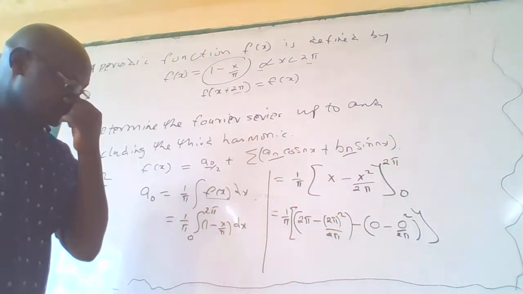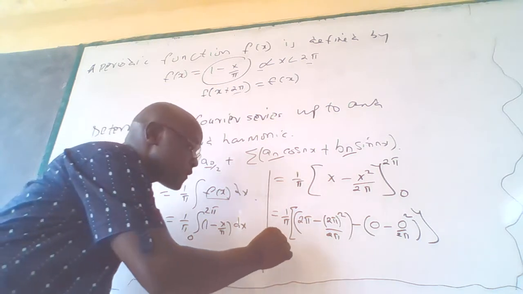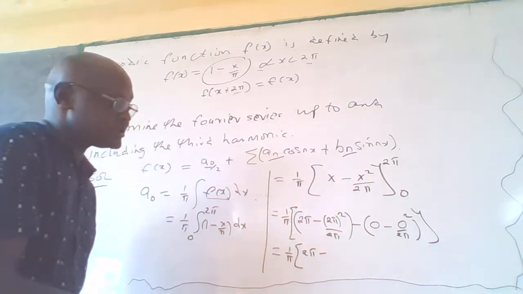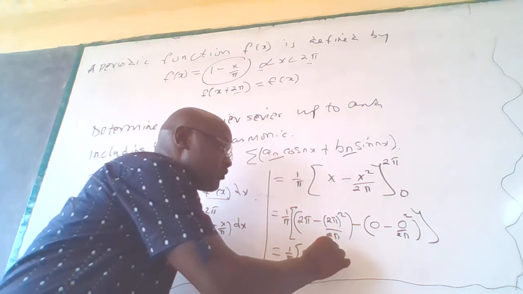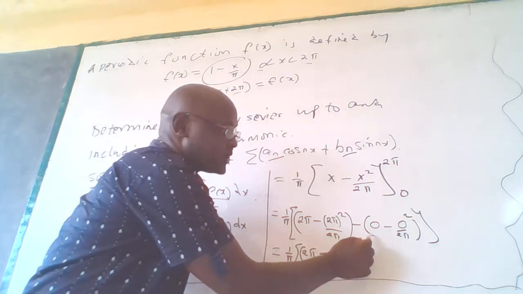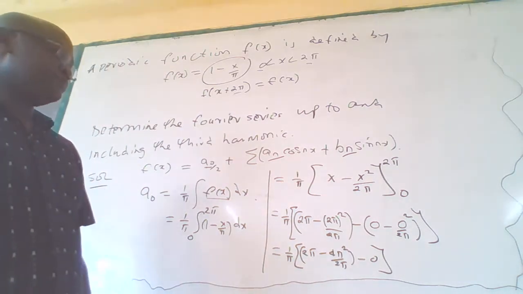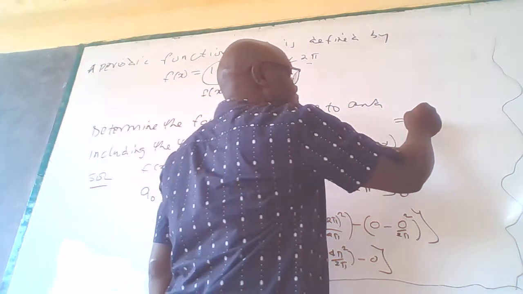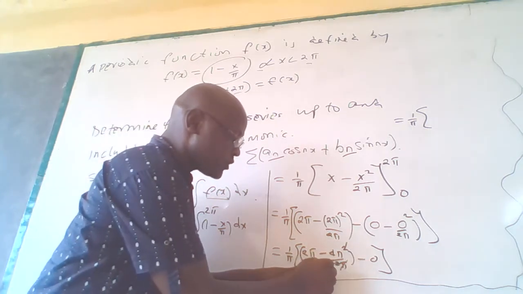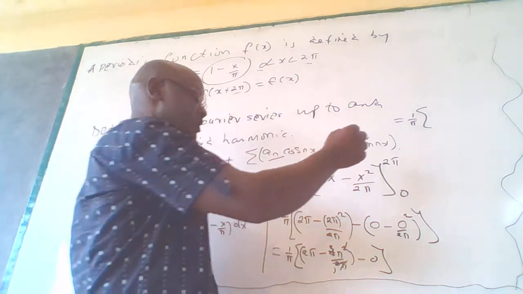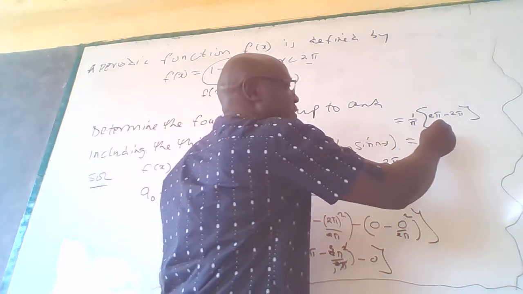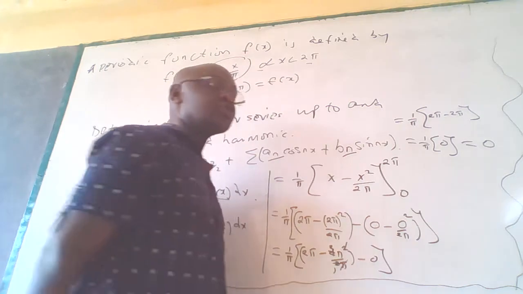So this equals 1 over pi into 2 pi minus, when you square 2 pi, you get 4 pi squared over 2, minus 0. The pi cancels, so we remain with 2 pi minus 2 pi, which equals 1 over pi times 0, which equals 0.